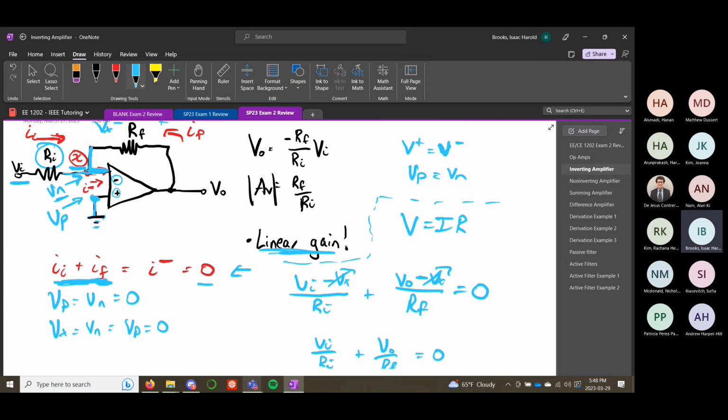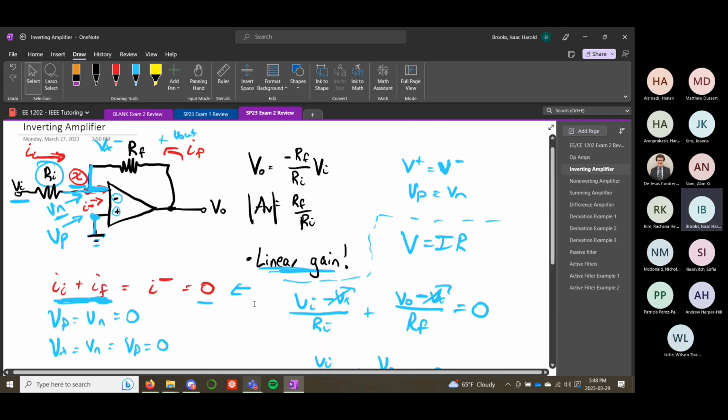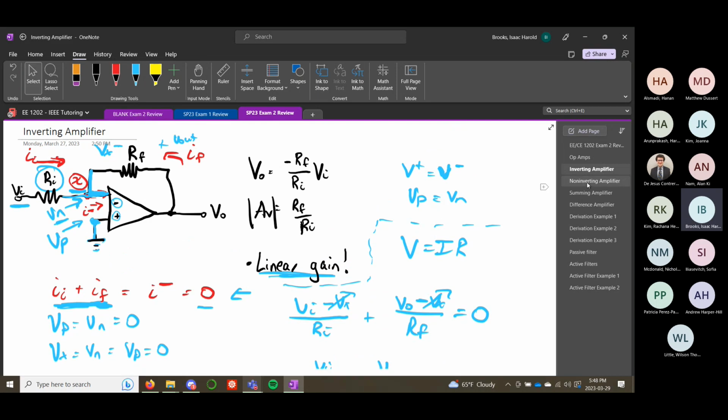So the reason you might be wondering why in a lot of these circuits we use inverting amplifiers instead of non-inverting amplifiers, because to me, non-inverting seems nicer than an inverting amplifier. But the reason that the inverting amplifier is nice, and okay, let's go to the non-inverting amplifier.